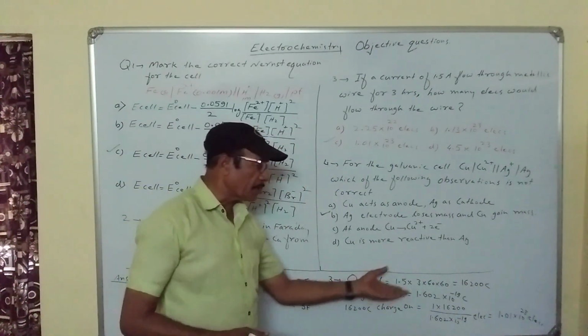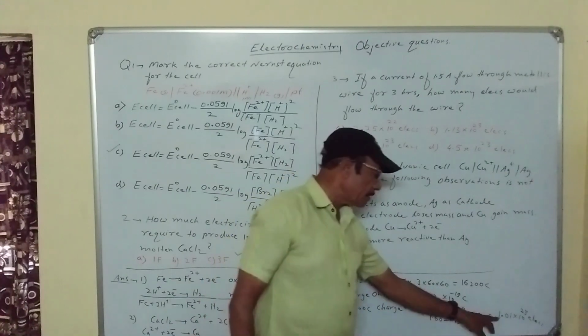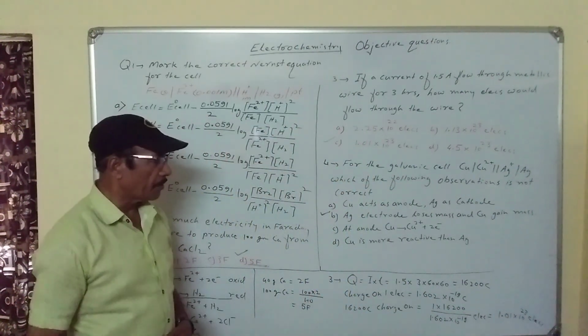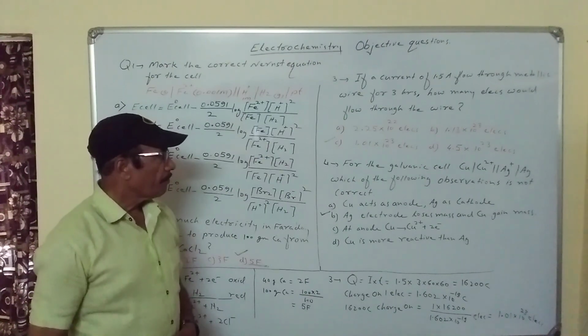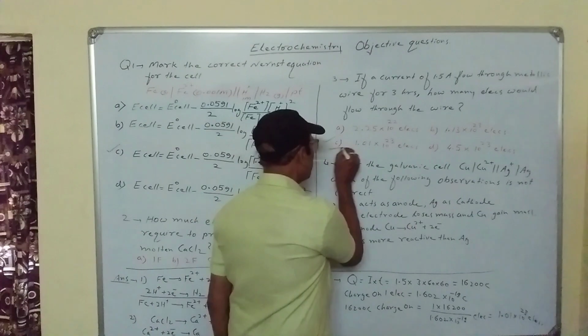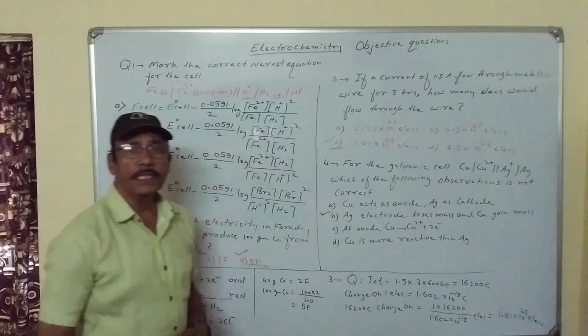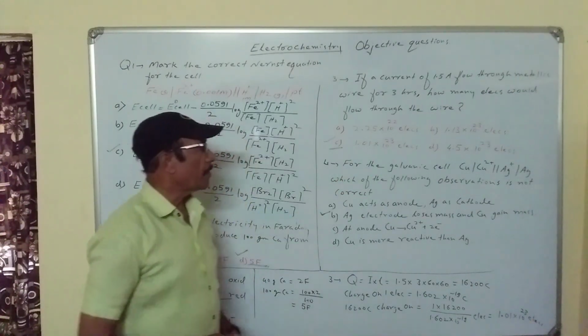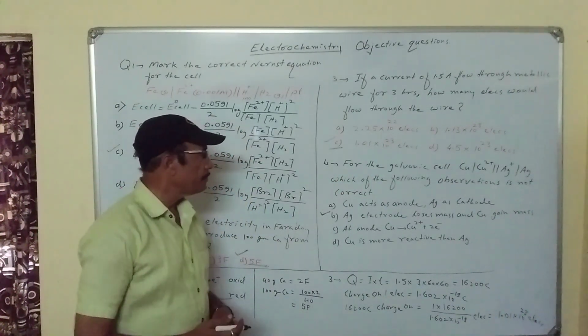When we solve it, the number of electrons is 1.01 into 10 to the power 23. This is option C, and option C is the correct one.